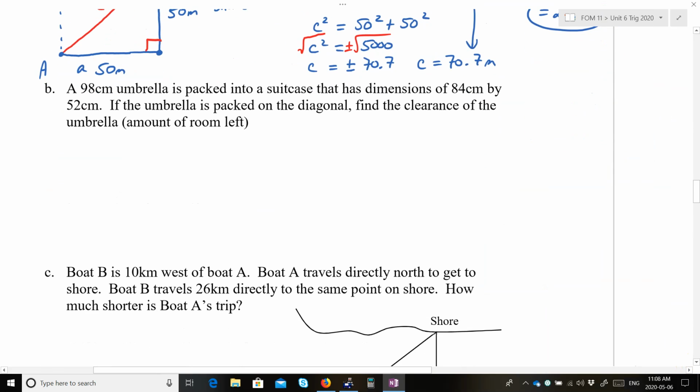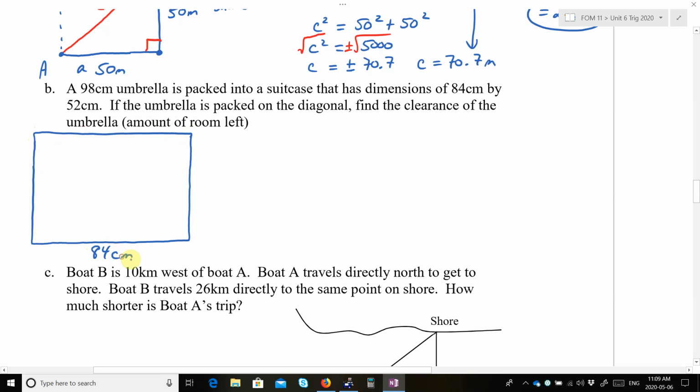All right, letter B. A 98 centimeter umbrella is packed into a suitcase that has dimensions of 84 centimeters by 52 centimeters. Okay, so suitcase is like this. Okay, so there's the suitcase.